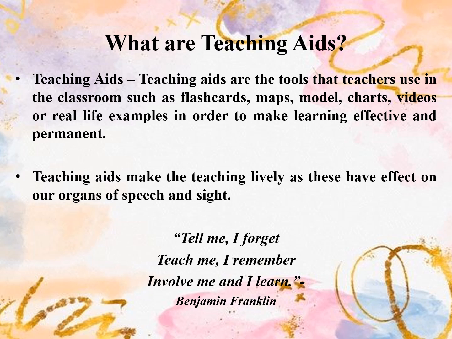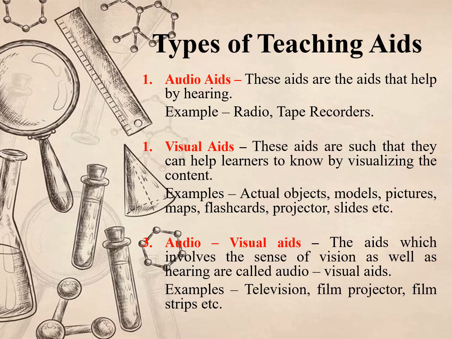It lowers the burden of the teacher as well as increases the interest of the students when teaching aids are used in the teaching learning process. Types of teaching aids. Audio aids help by hearing. Example, radio, tape recorders.